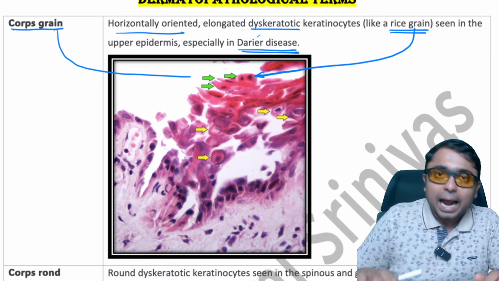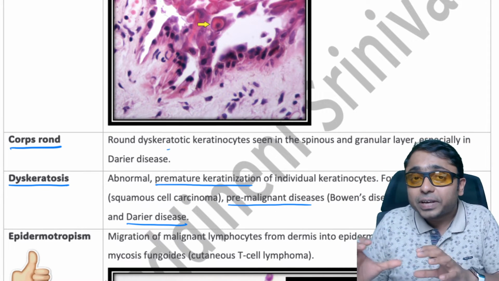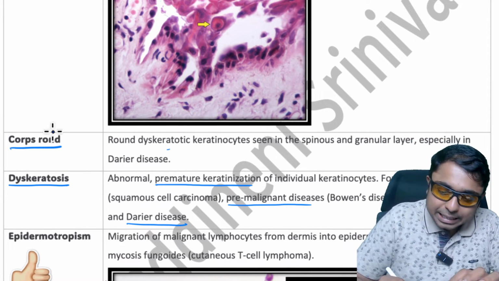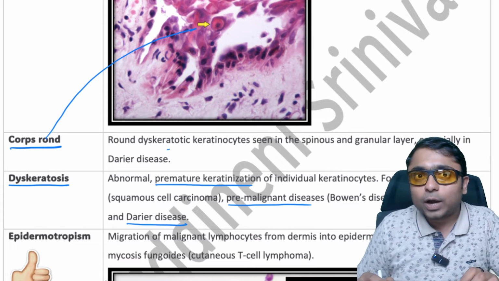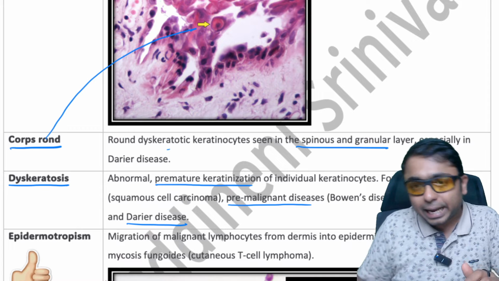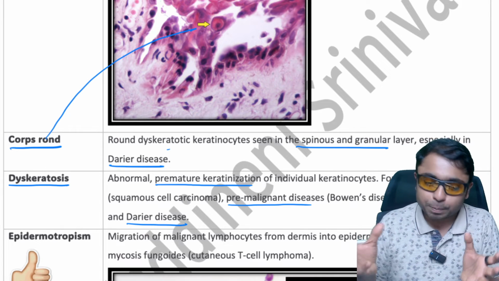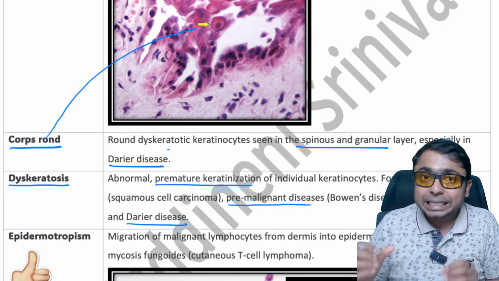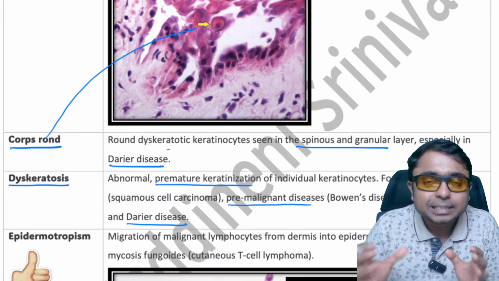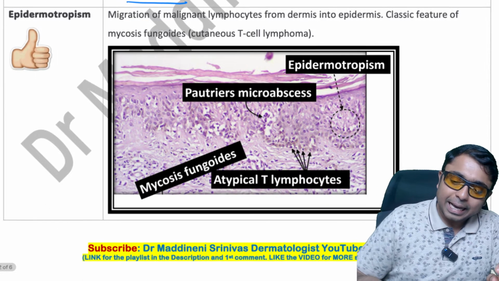And if the same dyskeratotic keratinocytes have a round shape, as you can see here, the yellow arrow which is pointing towards them, which are present in the spinous layer and granular layer, again in Darier's disease we call them corps ronds, because they are round in shape. Okay. So corps ronds, corps grains seen in Darier's disease. Remember, Darier's disease is also called keratosis follicularis.